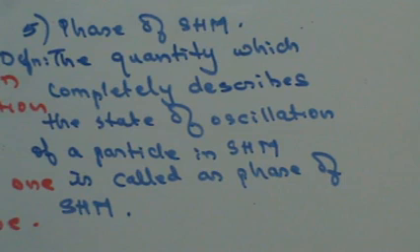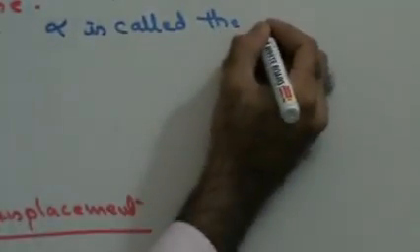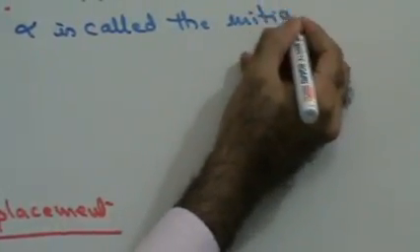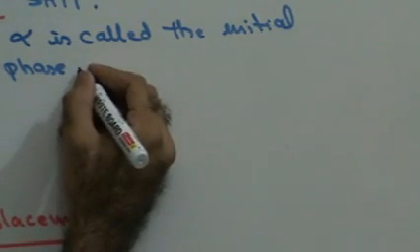Right? Now here, the angle alpha is called the initial phase. Right? Some authors also refer to this as phase constant or epoch of SHM.